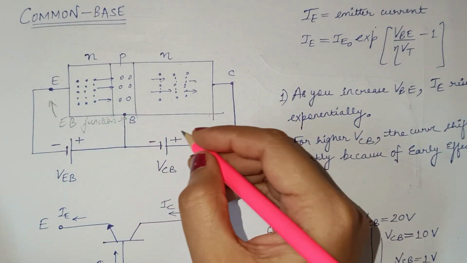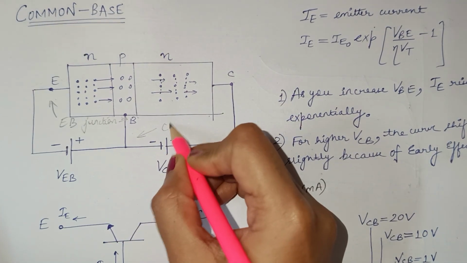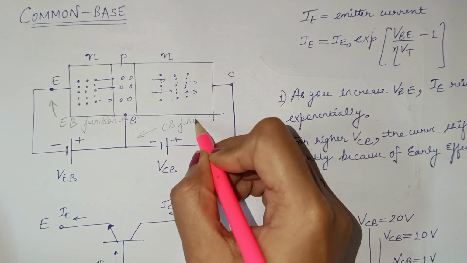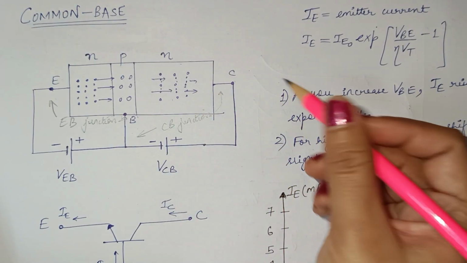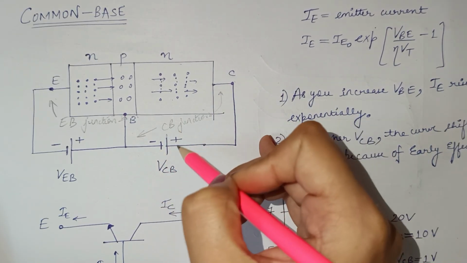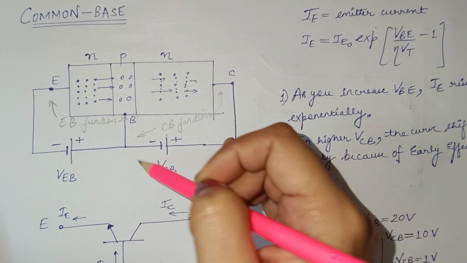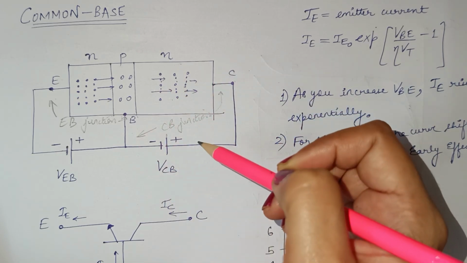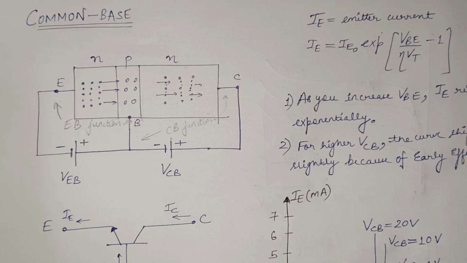And this junction is known as the collector base junction. So the collector base junction is always reverse biased. So if you connect N terminal with positive supply and P with negative, you have a reverse biased junction or reverse biased condition.